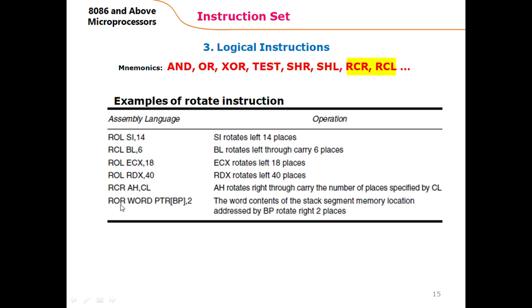And this rotate right would rotate right the word content, the 16-bit value, in the data stack segment memory location addressed by this offset address stored in the base pointer, and that 16-bit value is rotated right by 2 places.